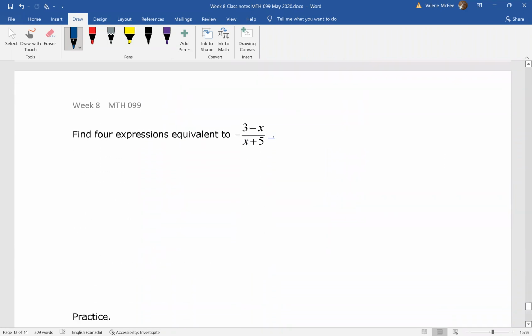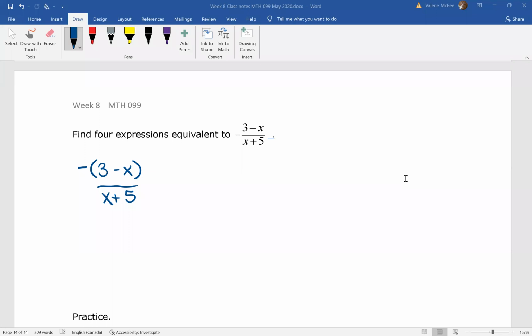I want you to pause your video and find 4 expressions that are equivalent to the negative of 3 minus x over x plus 5. So maybe you first found the negative of the numerator.